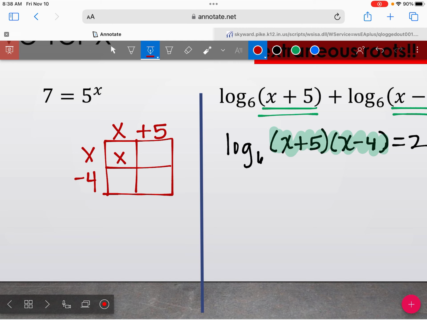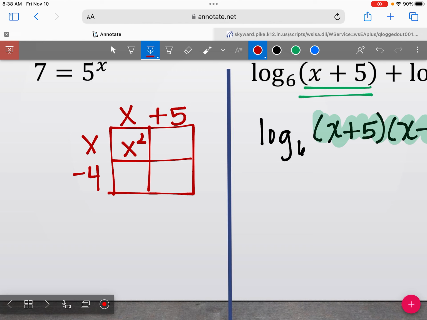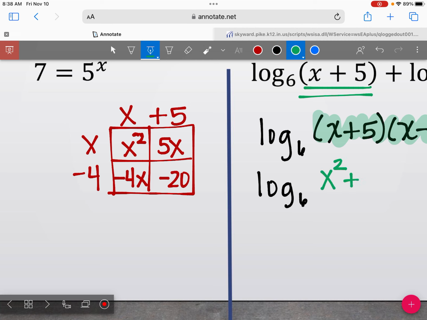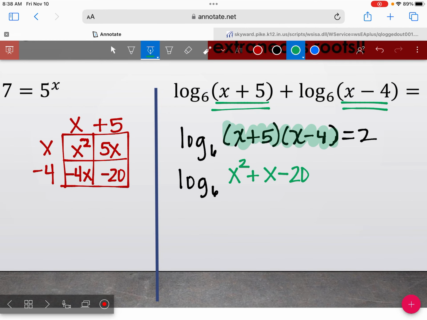So that would be x squared, 5x, negative 4x, and negative 20. So that's going to give us the log base 6 of, and then we combine our like terms, so that would be x squared plus x minus 20 equals 2.